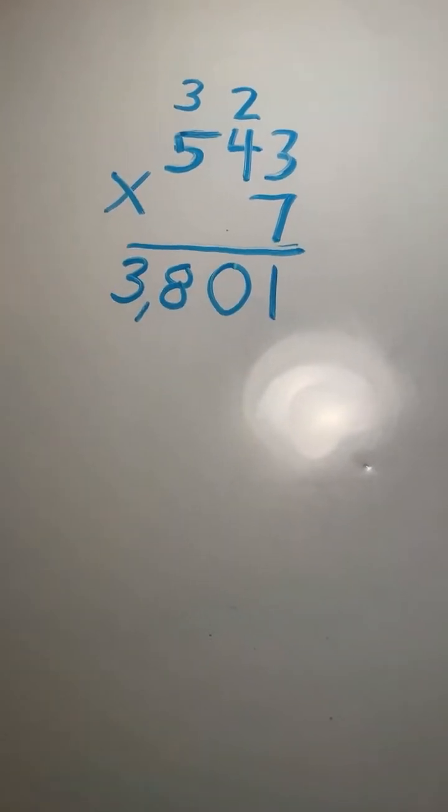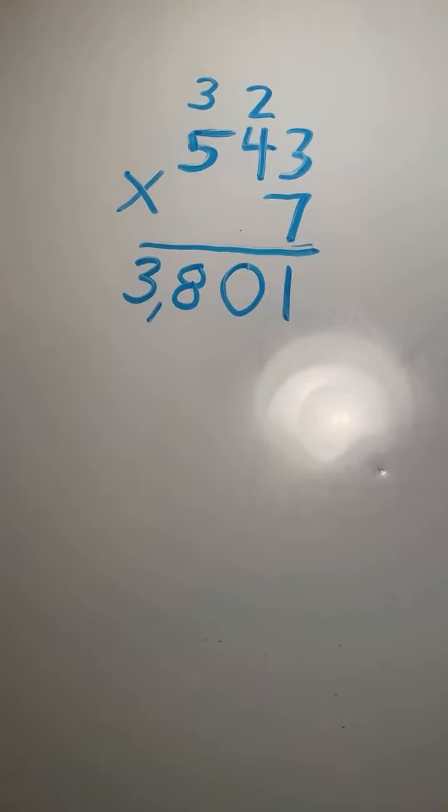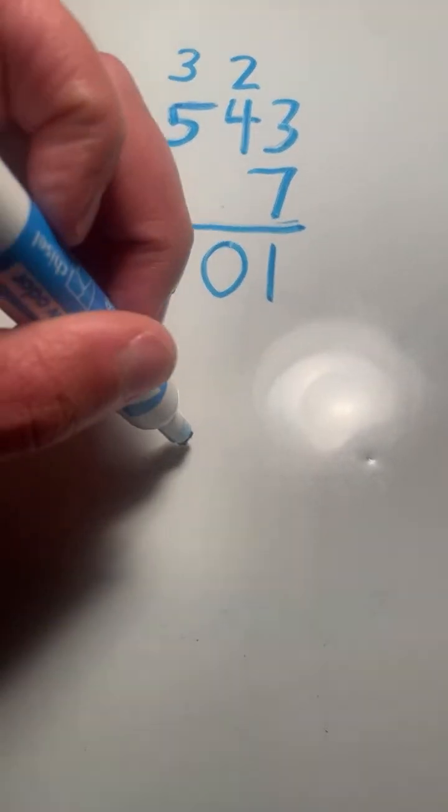And we have our final answer, 543 times 7 equals 3,801.